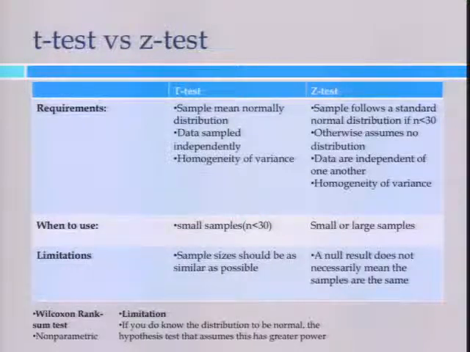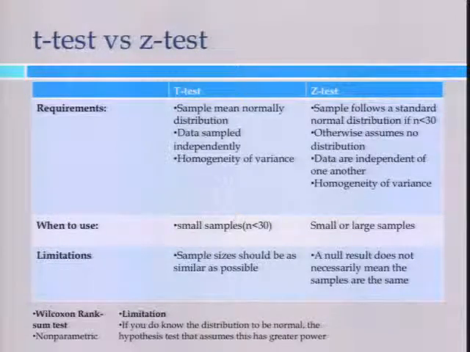The sample mean is obtained by sampling a random variable n times and taking the means of each of these samples. The t-test assumes that the data is sampled independently and that the variance is the same for both samples. Also, t-tests are best for small sample sizes, such as n less than 30.